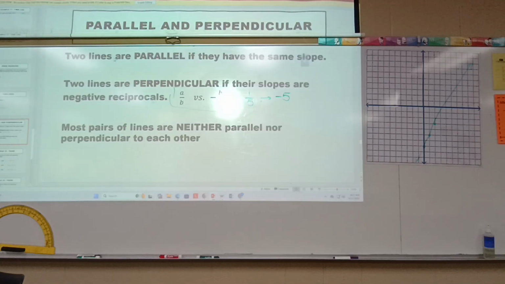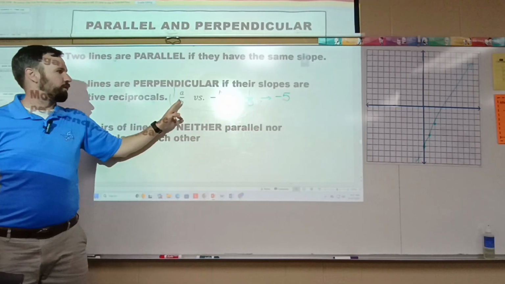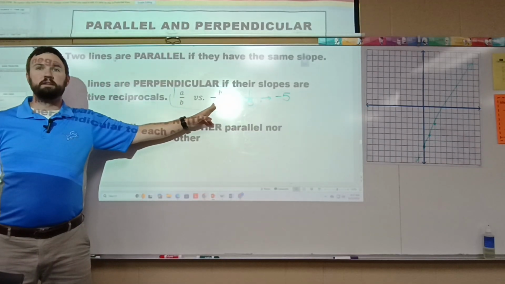The definition, the proof, if you ever go on to pre-calc or calc, it's called orthogonal, and 2 lines are orthogonal if their product is -1. AKA, if you multiply those 2 numbers, what do you get? -1. If I multiply these 2, what do I get? -1.